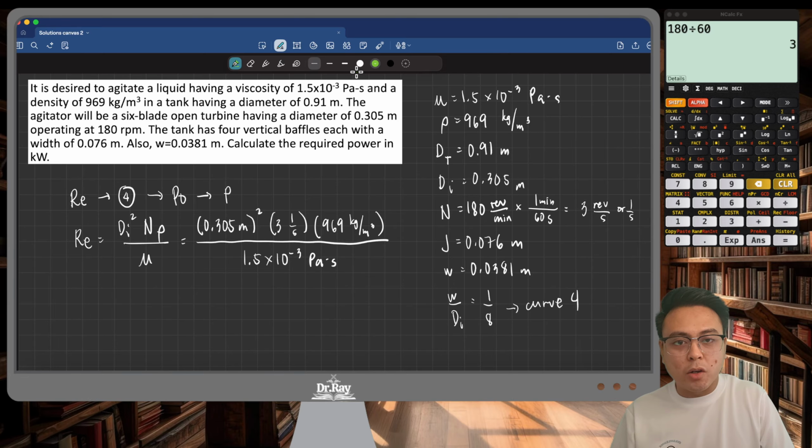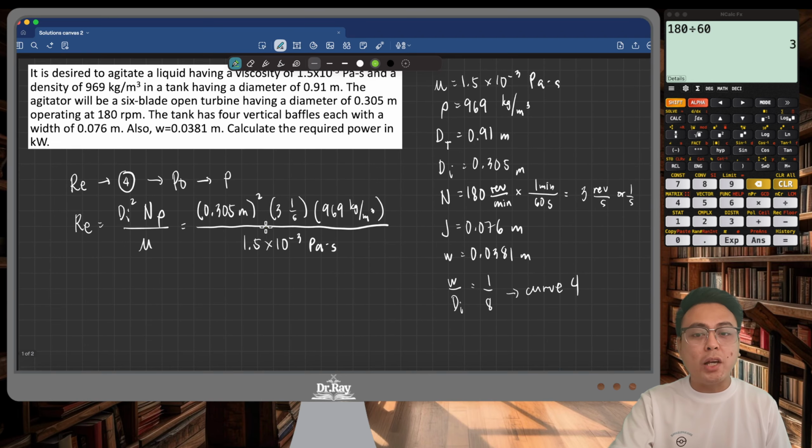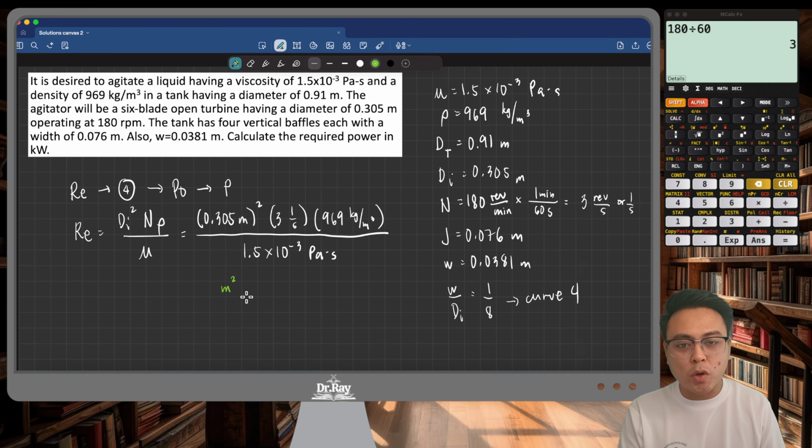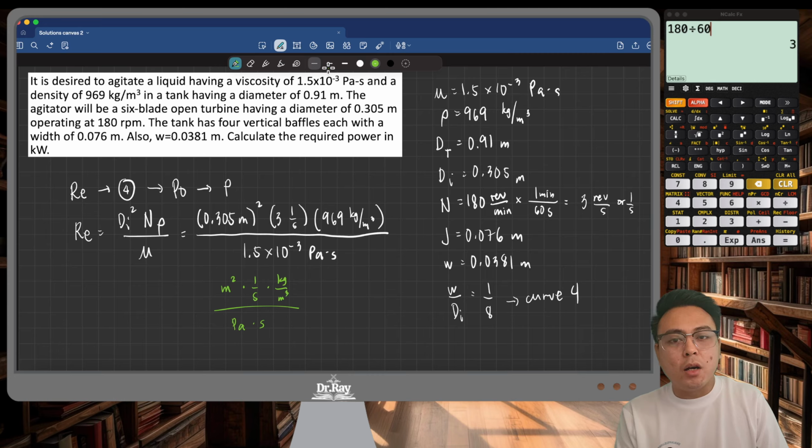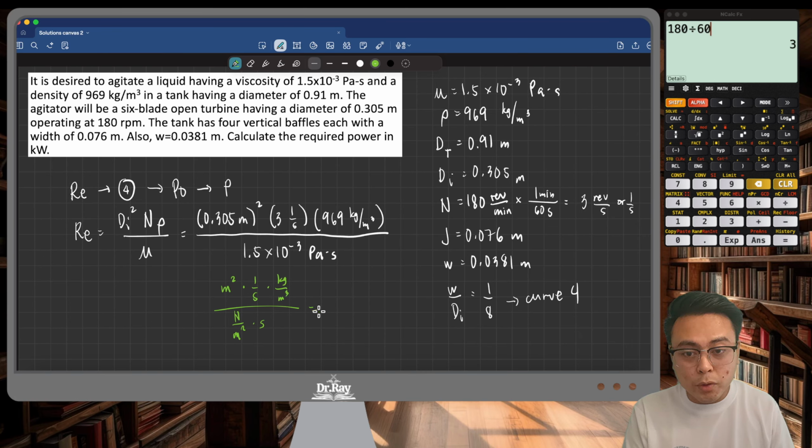What will cancel? Okay, let's take a look at the units. You have here square meter per second, and then kilogram per cubic meter, and then at the bottom you have Pascal second. We know that Pascal is Newton per square meter, right? So this would simplify as Newton.